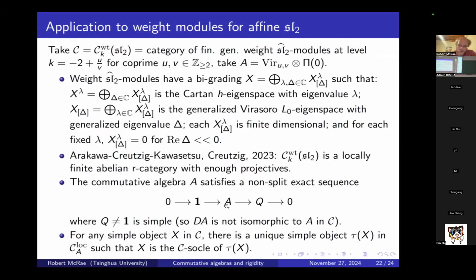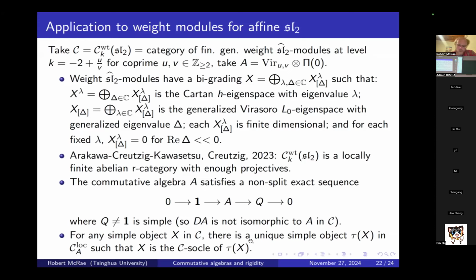And as an object of this category, this algebra is indecomposable, contains the unit object, which is just the simple affine VOA, as a sub-object, and then it contains some simple quotient, which is not isomorphic to 1. So when you dualize, this turns the exact sequence around and you get a different object.